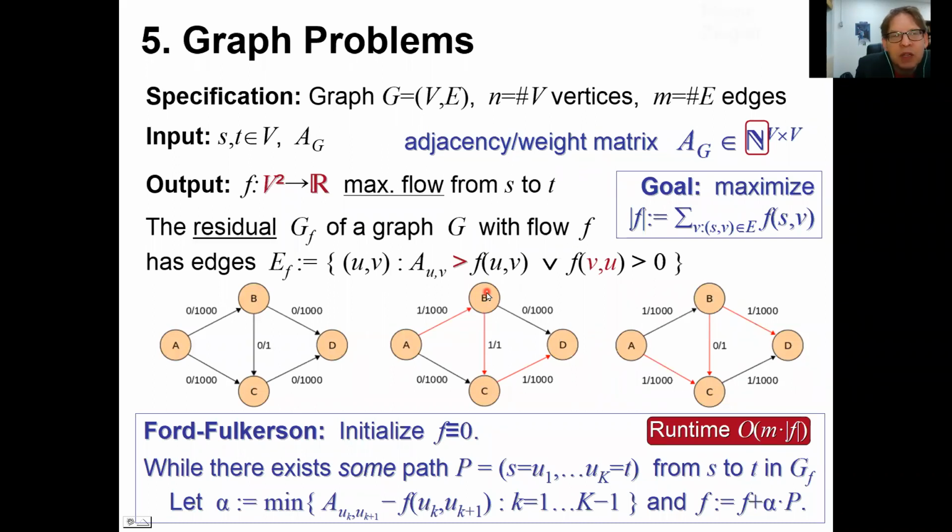So we're deliberately also allowing and considering flow to go through directed edges in the opposite direction. And we consider this by assigning a negative sign to such flow. Let me say that again.